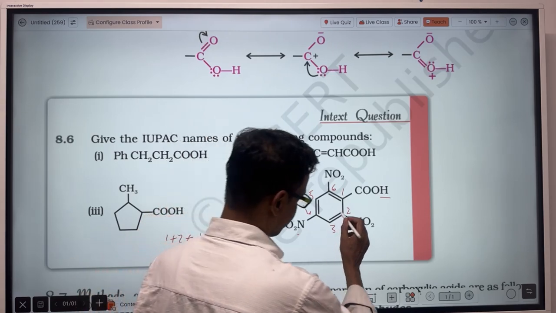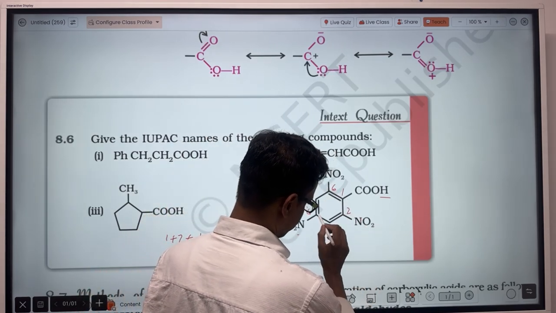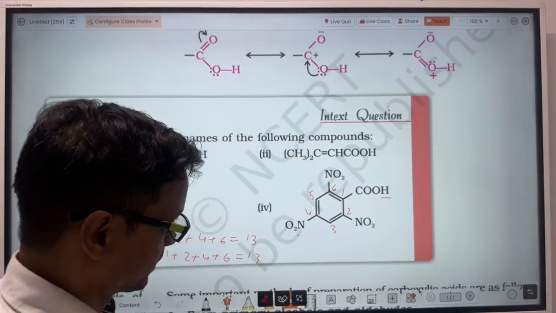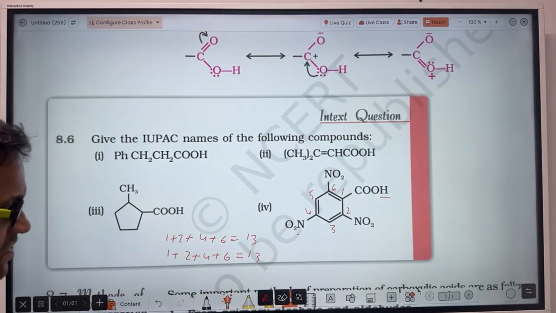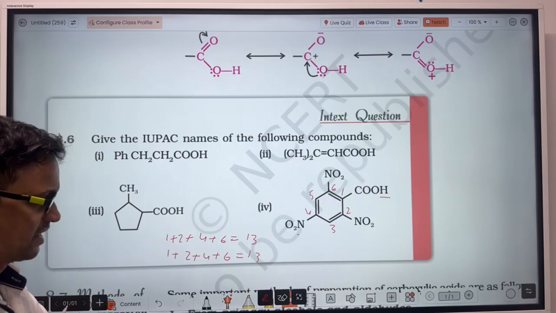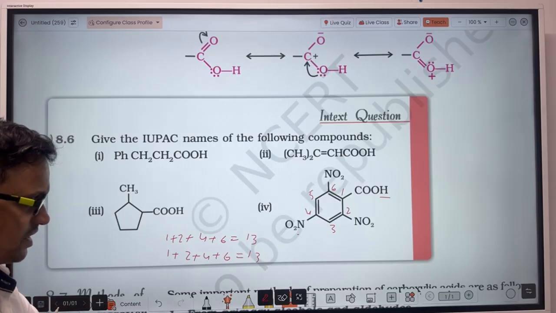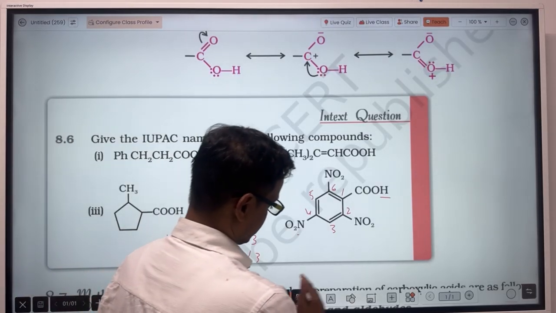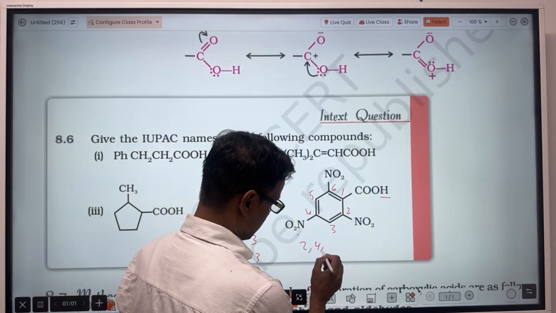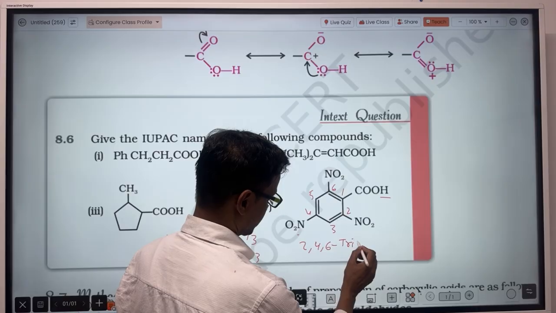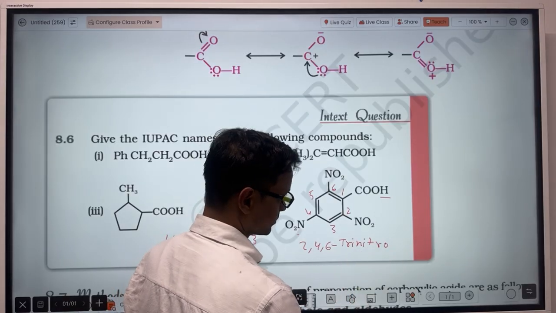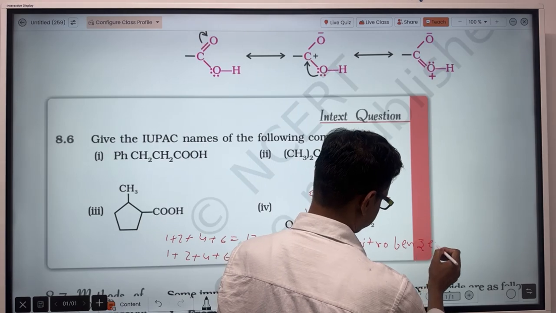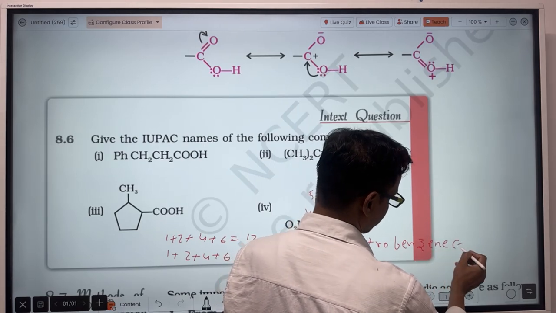So its IUPAC name will be: at second, fourth, and sixth positions there are 3 nitro groups. So we write 2, 4, 6-trinitro, and then benzene carboxylic acid.